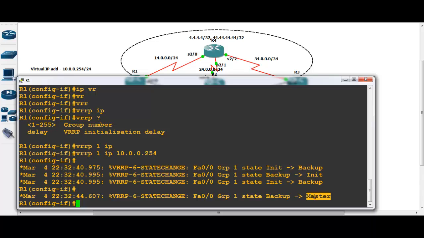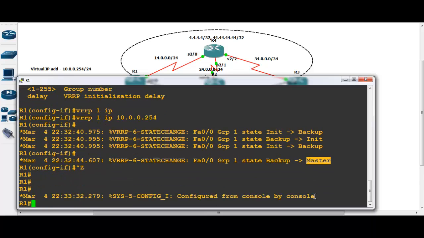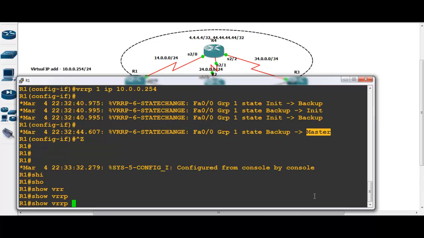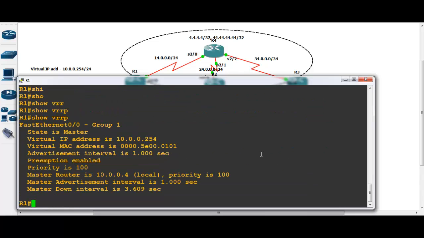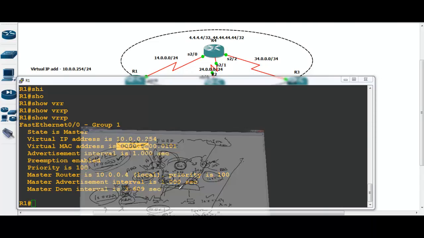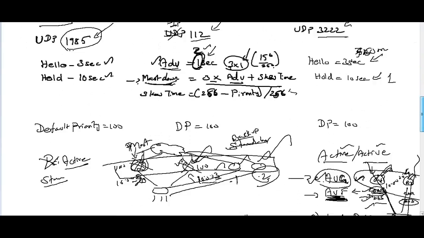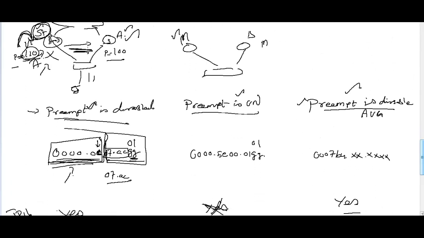You want to verify that? I'll show you. Show vrrp. Now it says this is the master. See the MAC address. This is the MAC address we were discussing. For VRRP, the MAC address is 00005E, the multicast, and then 0001.